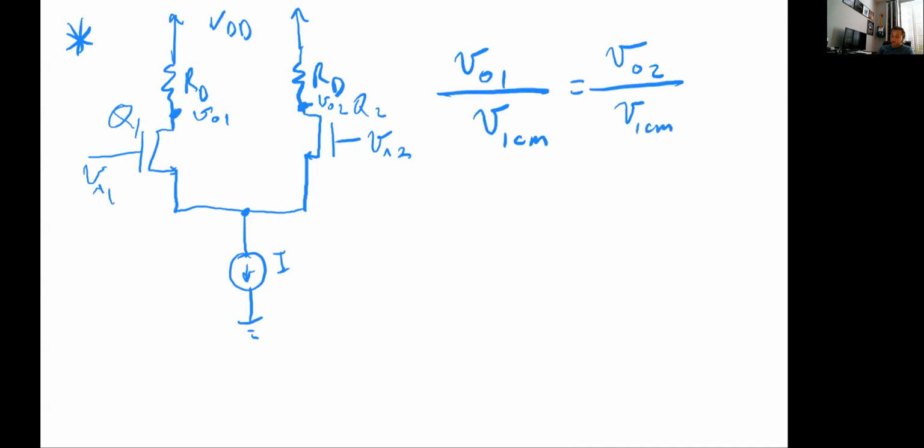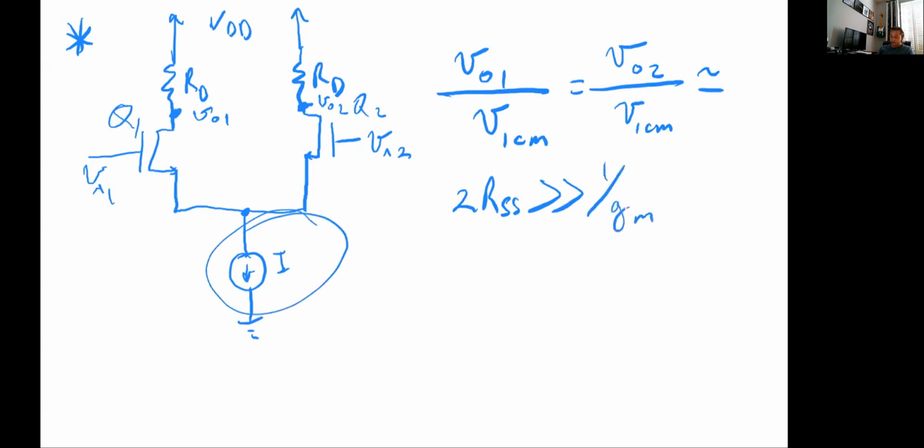And that was because, if you recall, the term that showed up in the derivation, RSS, which was an abstraction of this current source, was much less than the gm of the transistor, the transconductance, and that reduced this gain to RD over 2 RSS.